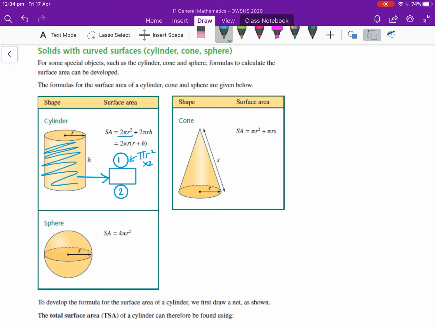So then the next part is, well, all right, if we think about the height of our cylinder, when we unravel that, that's actually this height here. Okay, so that part's easy. But how do we know the length of this section through here, the length of our rectangle? How do we work that out?